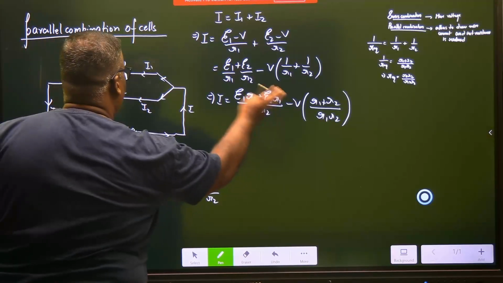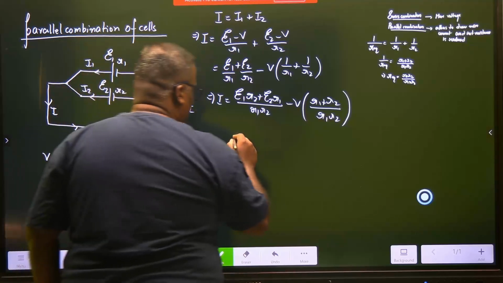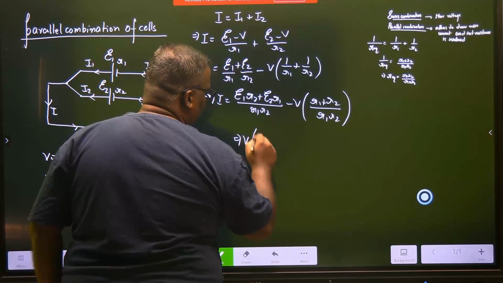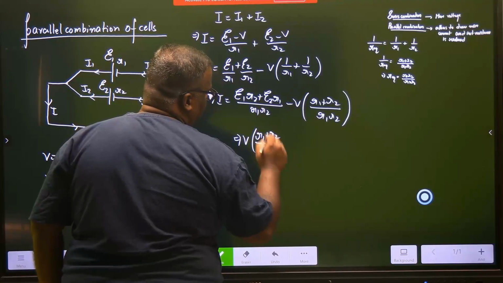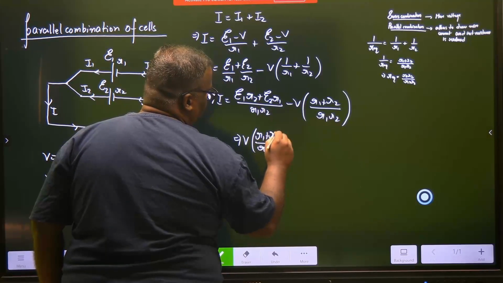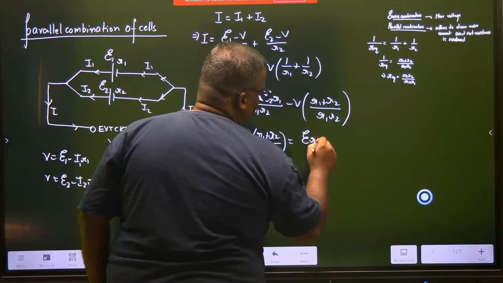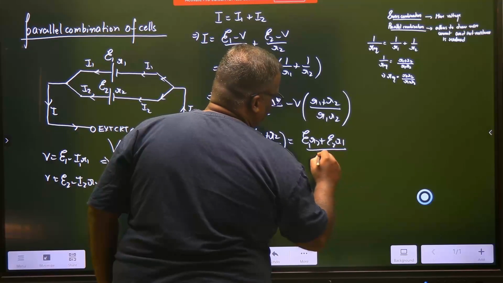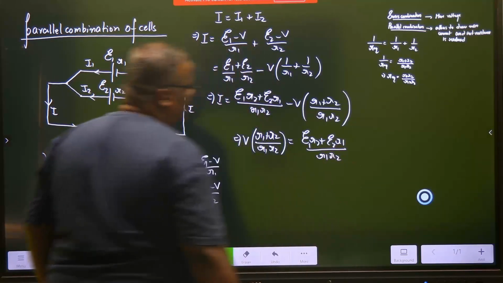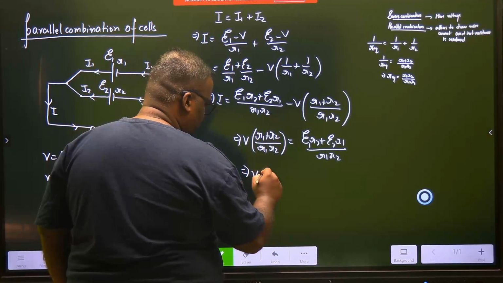So we will separate V out. So let's bring V this side. V into R1 plus R2 divided by R1 R2 is equal to E1 R2 plus E2 R1 divided by R1 R2. Fine. This finally gives me the value of V, which is the equivalent EMF.